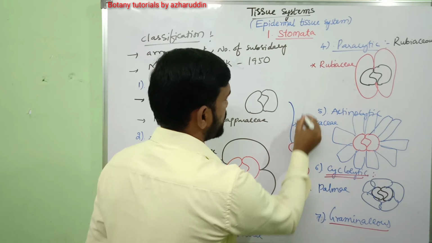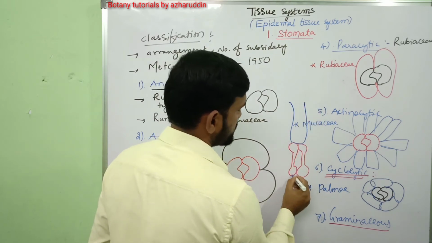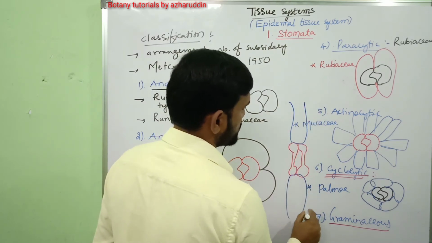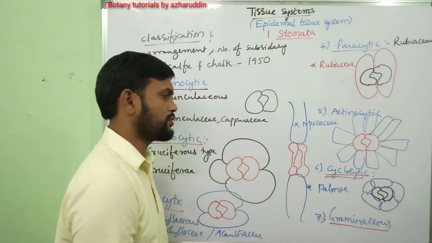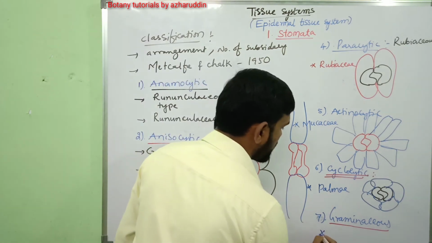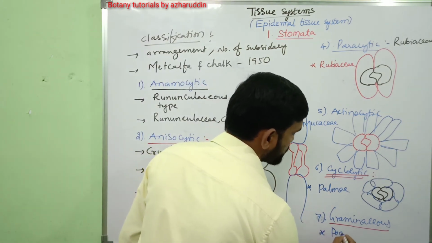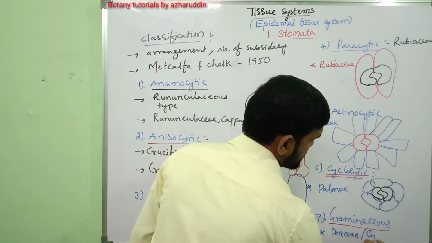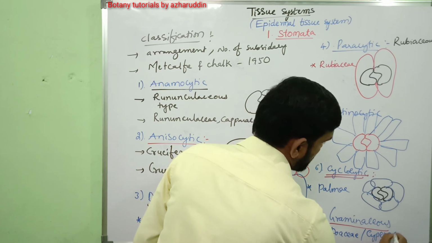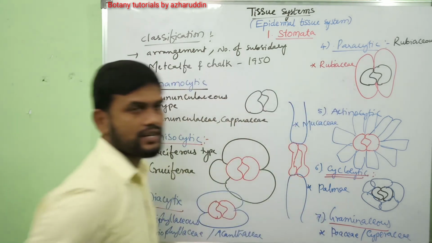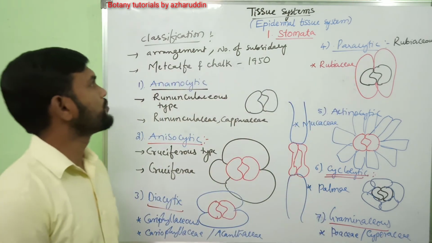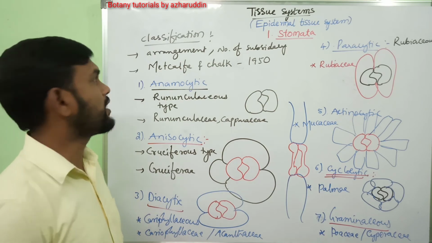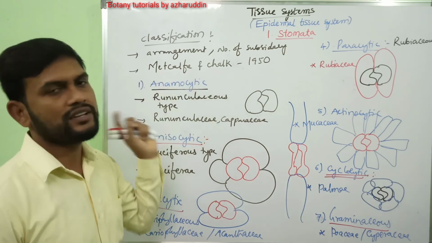They are parallel to the guard cells like this. Such stomata are called graminaceous stomata. They are found in Gramineae or Poaceae and Cyperaceae. Do you understand? This is about classification of stomata based on Metcalfe and Chalk.